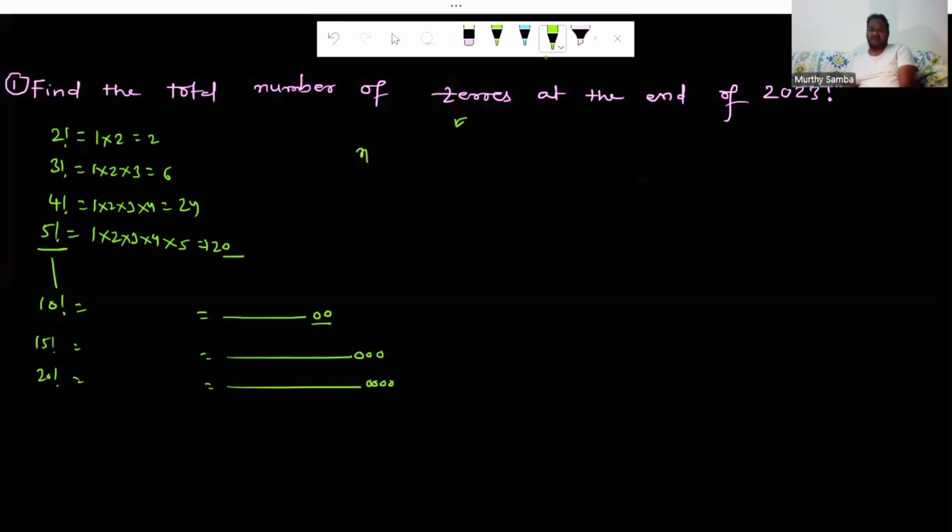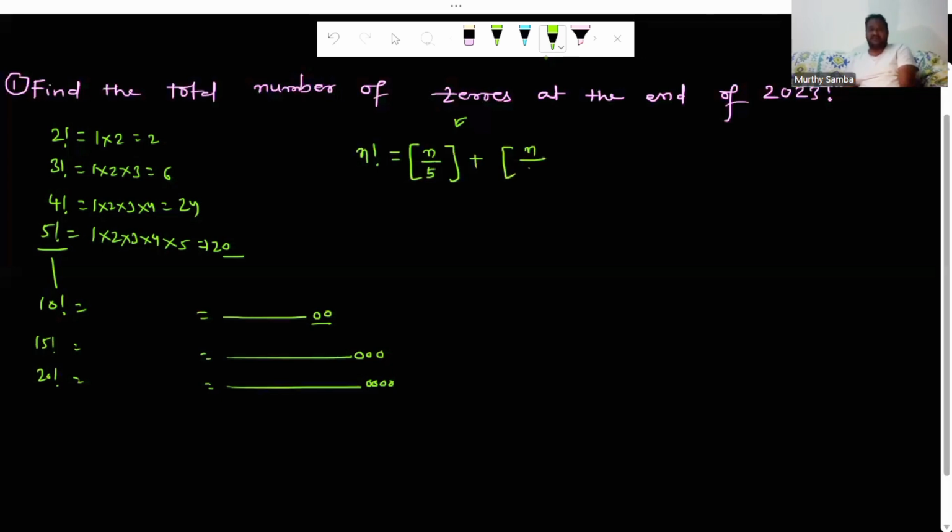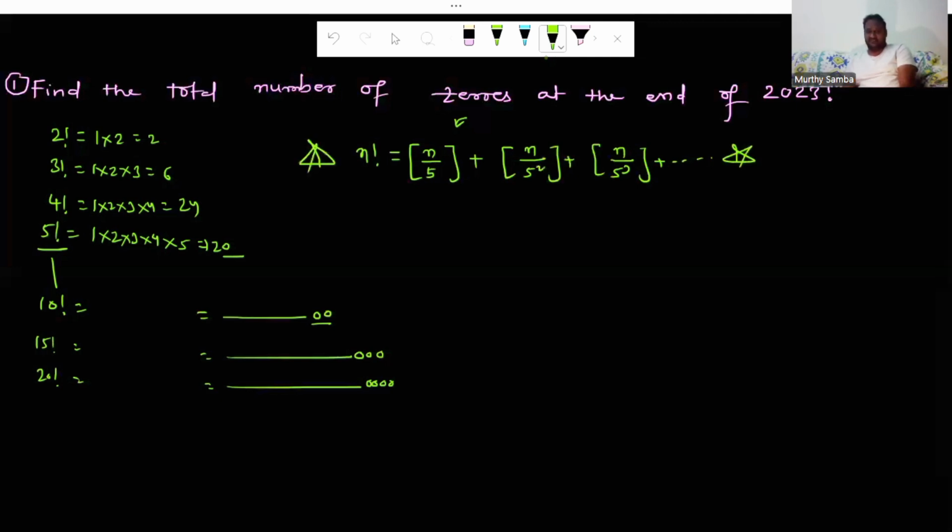That formula is: the number of zeros is the integral part of n divided by 5, because after every fifth power it is repeating, plus the integral part of n divided by 5 square, plus the integral part of n divided by 5 cube, plus so on. Please do remember this formula, which is important and useful in some other cases also. I'll explain in our next video.